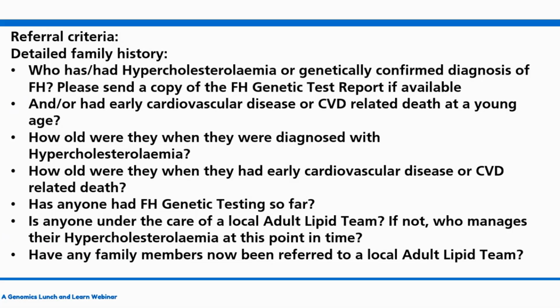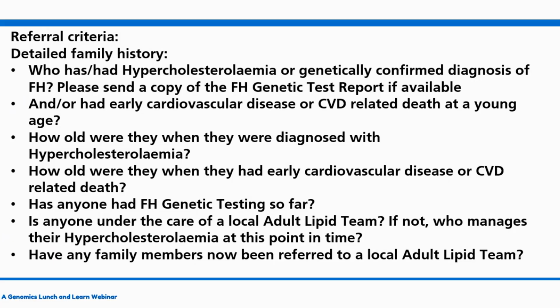So within the referral, we kindly ask for a detailed family history, focusing on who has or had, if they've passed away, hypercholesterolemia or a genetically confirmed diagnosis of FH. Please send a copy of the affected individual's FH genetic test report if that is available within your system and the individual consents for you to send that.